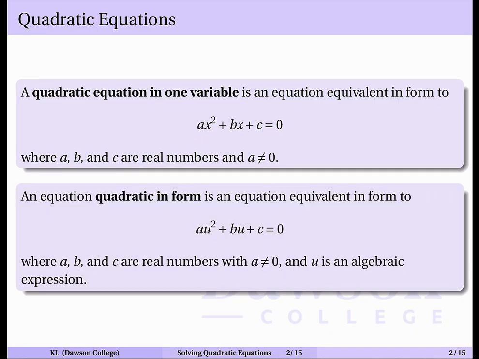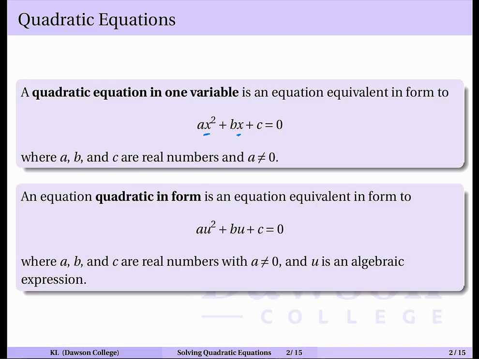Now, let us also define what we call an equation quadratic in form. This is an equation equivalent in form to au squared plus bu plus c equals 0, where a, b, and c are real numbers with a not equal to 0, and u is an algebraic expression. Here, it is possible that you don't simply have the variable x, but an expression.